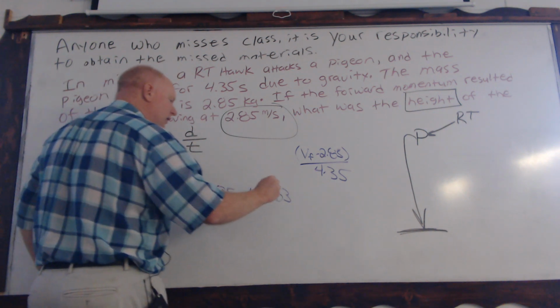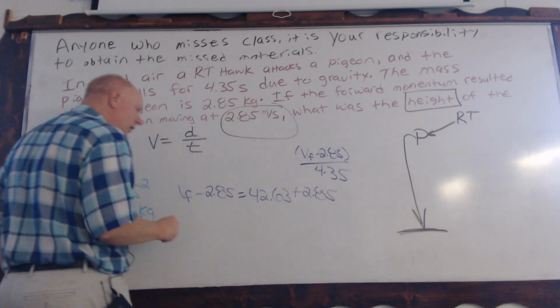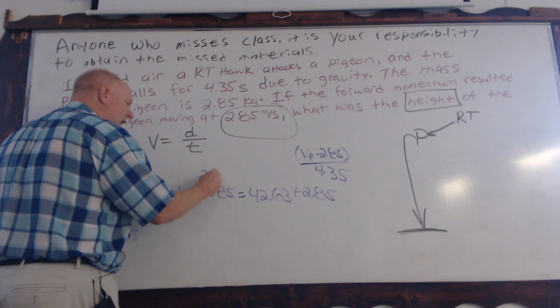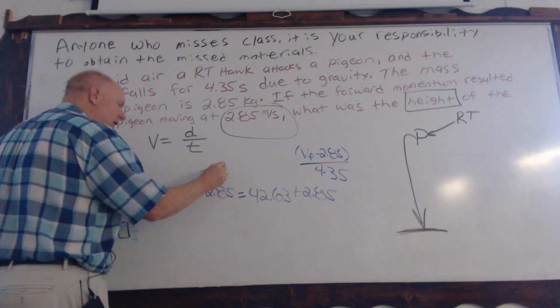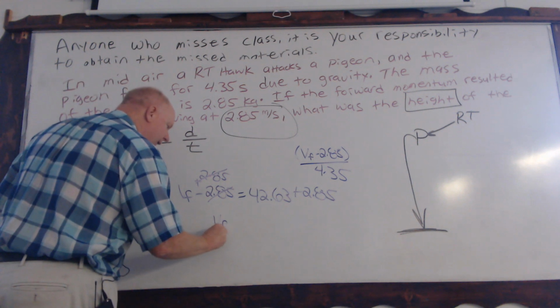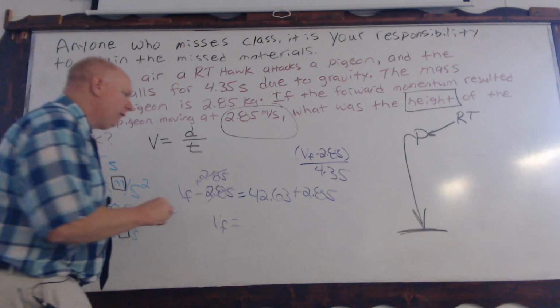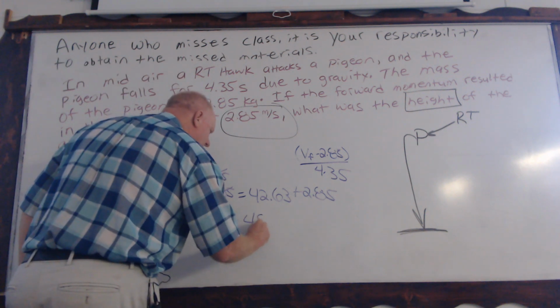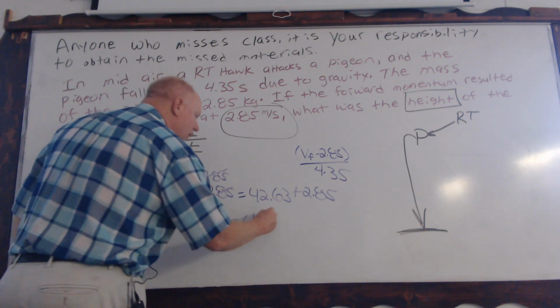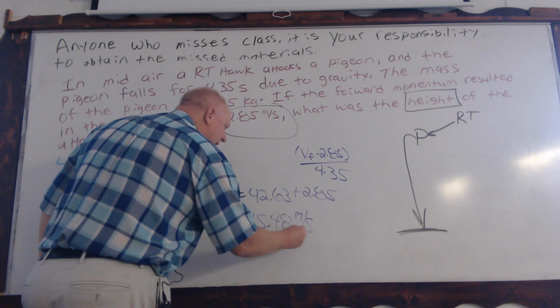You need to add that as well. Okay, so 2.85, we're adding. Those cancel. So then VF equals what? 45.48. Okay, that's meters per second.